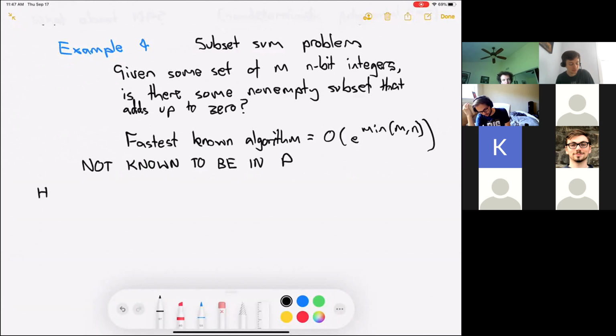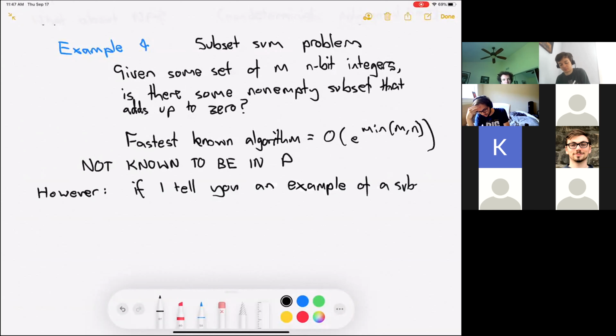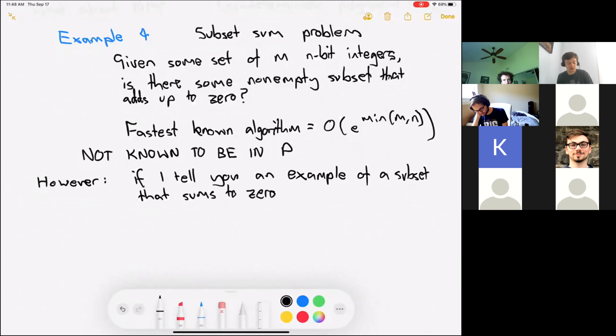However, if I'm just super clever or very lucky, and I tell you an example of a subset that adds up to 0, then you can check it very efficiently, right?